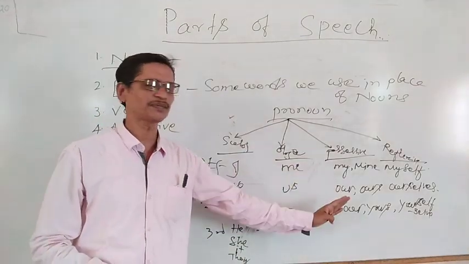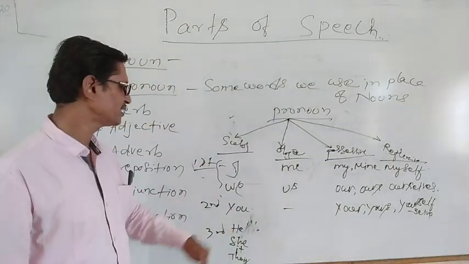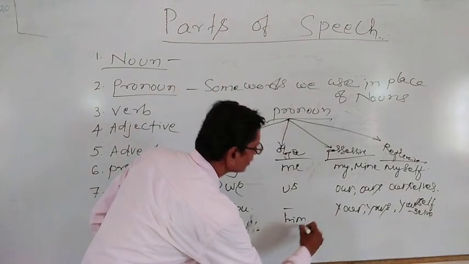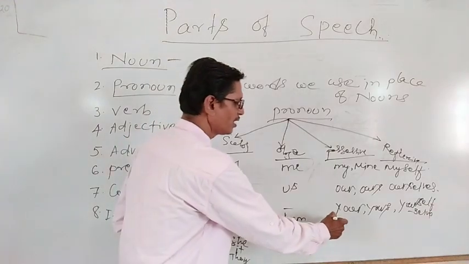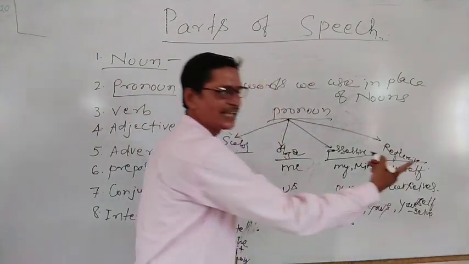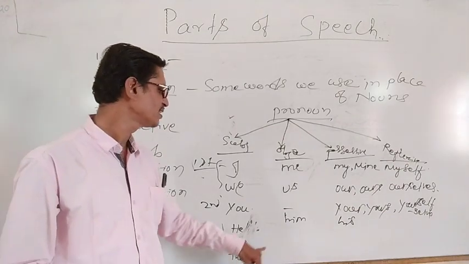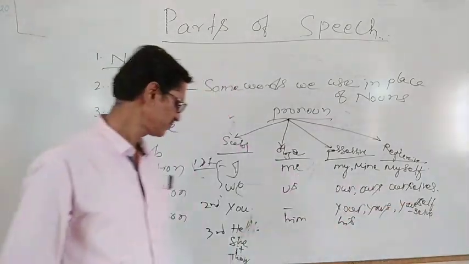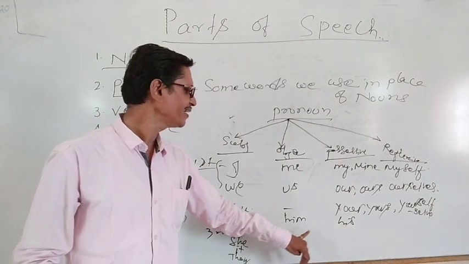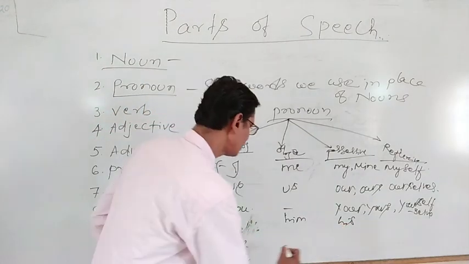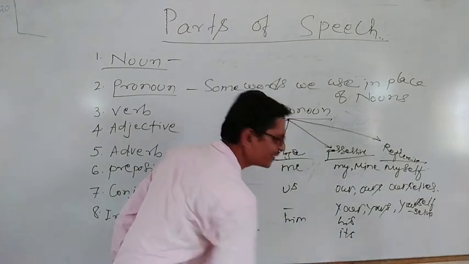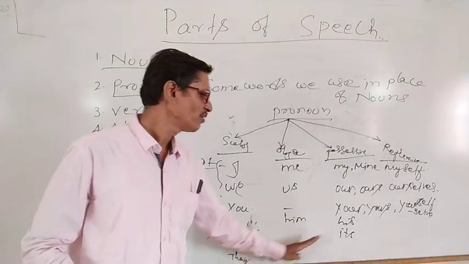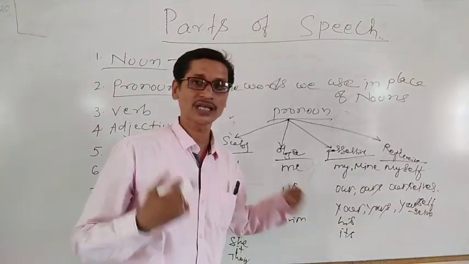objective forms, possessive cases, and reflexive, like he: object is him, his, himself; she, her, hers, herself; it, its, itself; they, them, their, theirs, themselves.